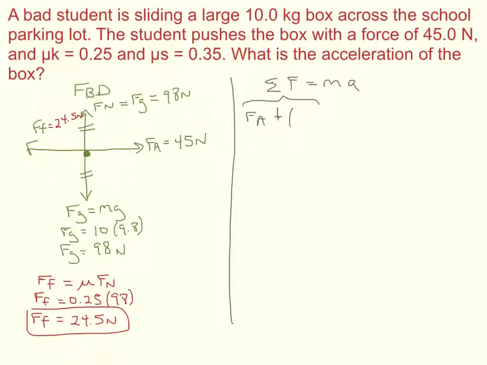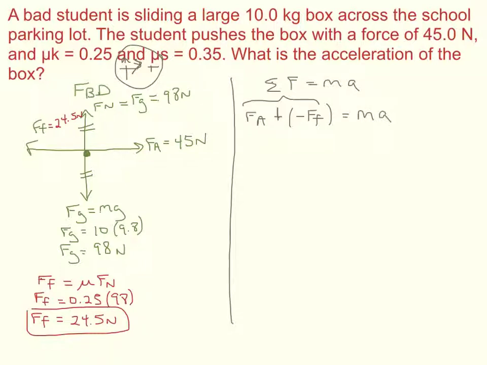Keep in mind, the applied force is forwards, the force of friction is backwards, so when I add them, force of friction is going to be negative. I should have said this earlier, but when I choose my positive direction, I'm going to choose this forwards direction. Forwards or to the right here is positive. Up can also be positive, but it doesn't really matter here because our vertical forces cancel out.